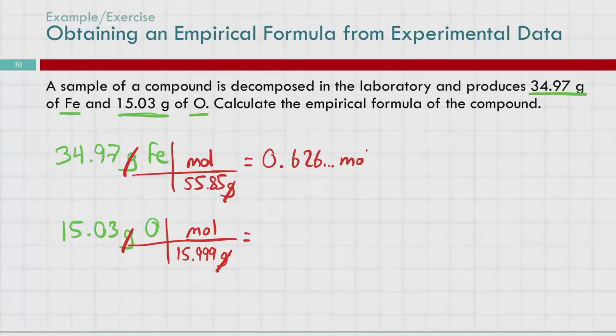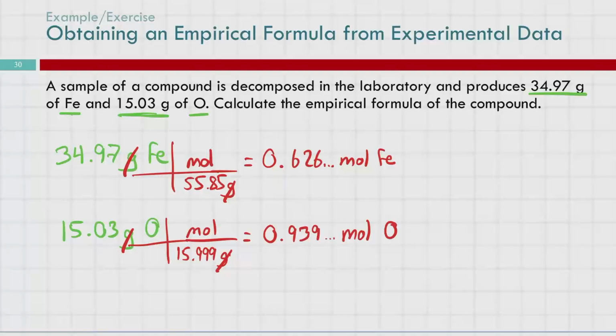Invoking once again that dot, dot, dot. So we get about 0.6 moles of iron, and we get about 0.9 moles of oxygen.